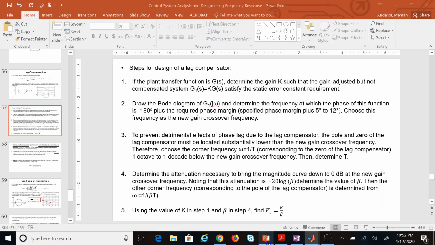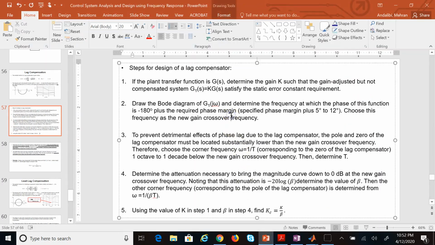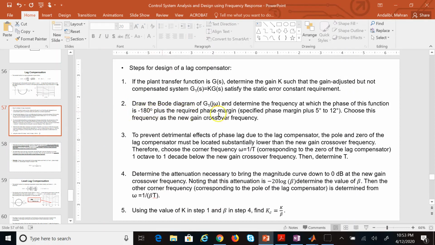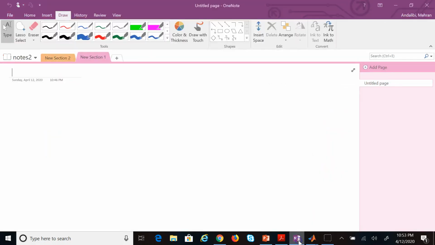To do so, now we need a frequency in G1 at which the phase of the system is negative 180 plus the required phase margin plus an extra 5 to 12 degrees to compensate for the negative effects of the lag compensator. What we want in this example is 40 minimal. So we add 40 to negative 180, and then we add any angle between 5 to 12. 12 is the maximum, conservative solution.